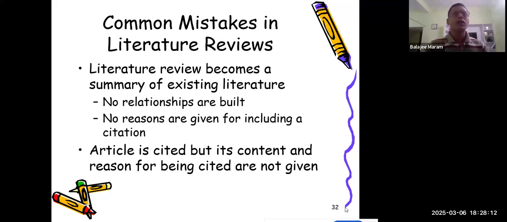Suppose I am doing a literature review on retinopathy. Different eye diseases exist in medical reports, and retinopathy is one of the eye diseases.